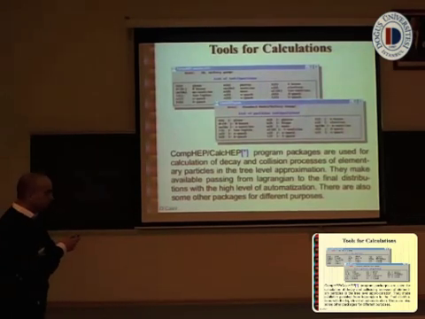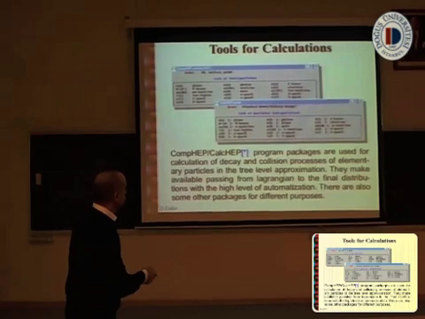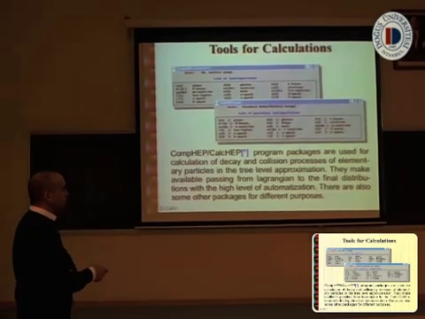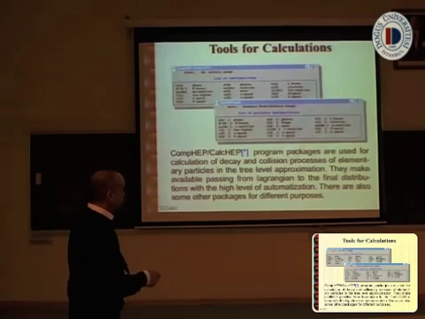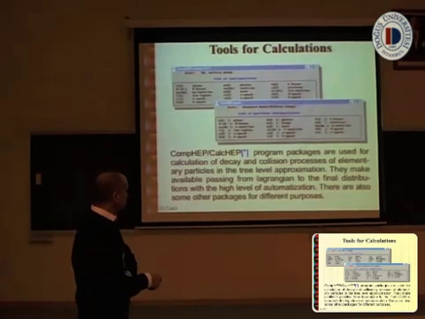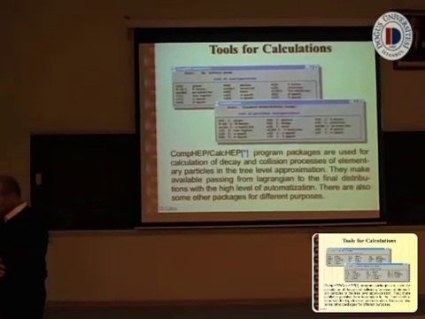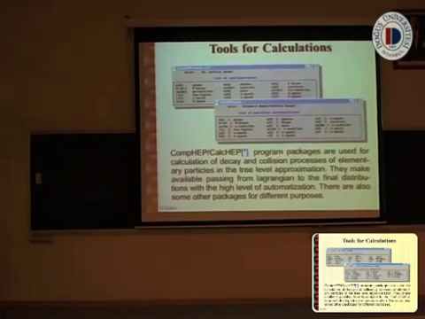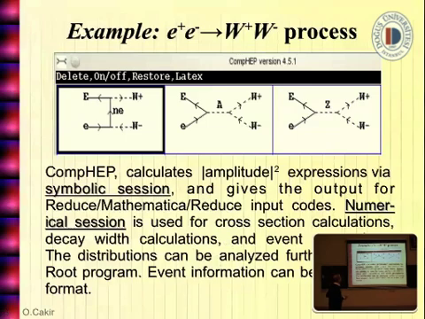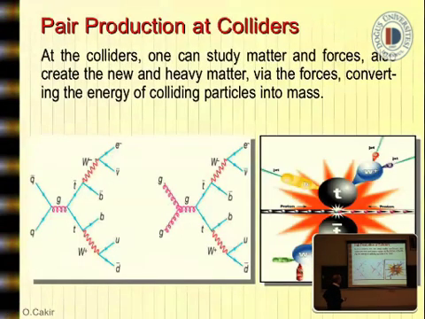For example, CompHEP and CalcHEP programs can be used for particle decay and collision processes, which gives you a high level of automatization for calculation of the cross section, decay width, and even the event information. Okay, there is also an example you may study later. It gives you the kinematic distribution and the pair production at colliders.